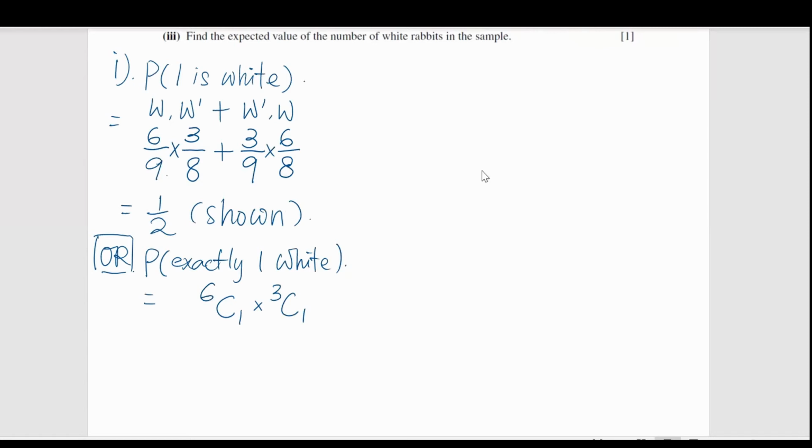So the numerator gives us the total number of ways of selecting 2 rabbits where one is white and the other is not white. Then divide by the total number of ways of selecting 2 rabbits from the 9, so 9C2. If you use this method, you will get the same answer as well. It is supposed to be half. Let's see.